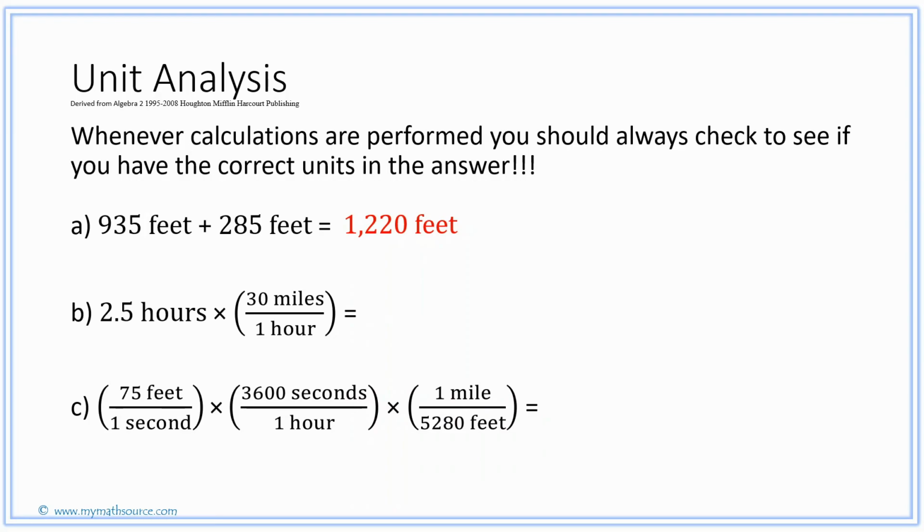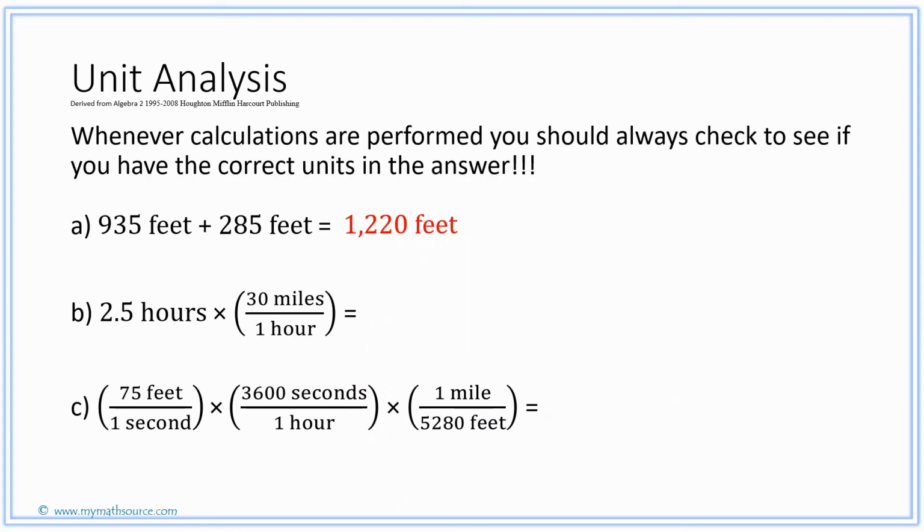Now for part B, we're going to utilize that concept that a number divided by itself cancels out to 1. So if I have 2.5 hours times 30 miles per hour, the word per can represent the division or the fraction bar. Then the hours in the first number are actually in the numerator. Remember, any number can be written as a fraction over 1. So there's an imaginary denominator of 1 underneath the 2.5 hours.